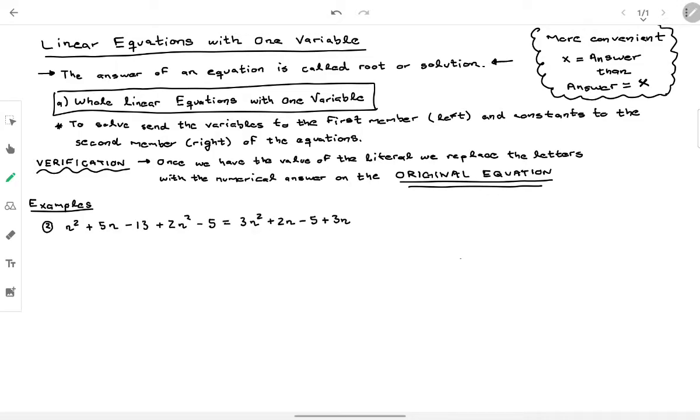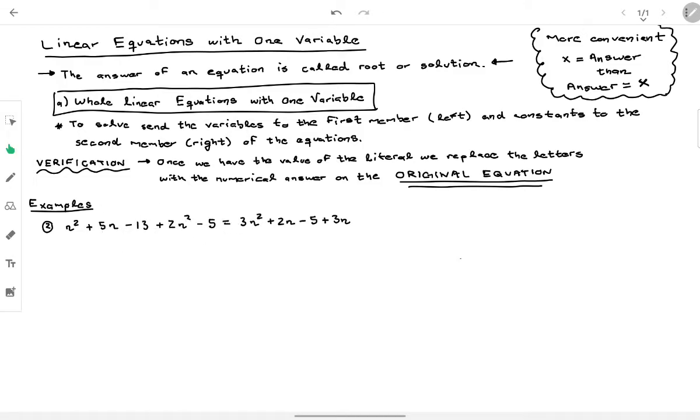So let's see, in this second exercise, we have an equation like that. At the beginning, it looks like it's not a linear equation. Why? Because the n squared has an exponent of 2. So it seems like this one is a quadratic or second degree equation.